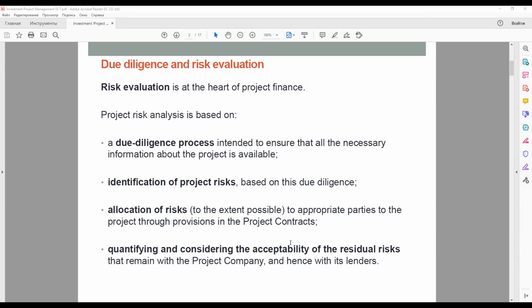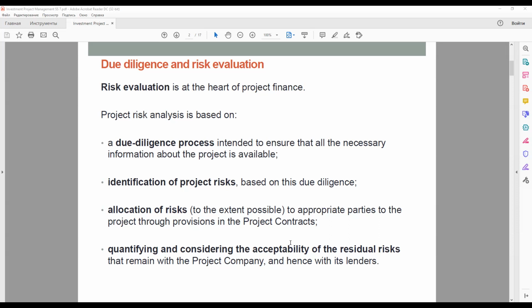Just recalling all the definitions of the project: on time, on budget, and enough cash flow to cover at least lenders' requirements. Project economics also need to be robust enough to cover any temporary problems that may arise.